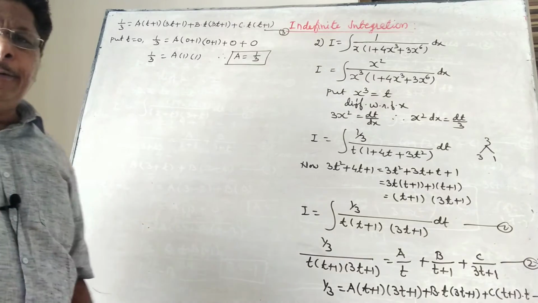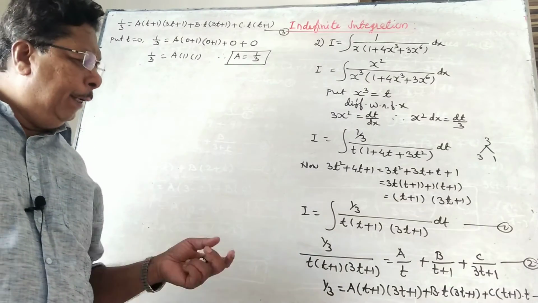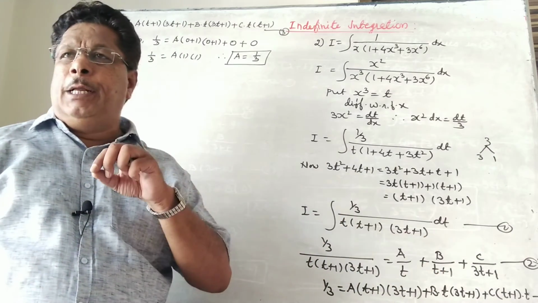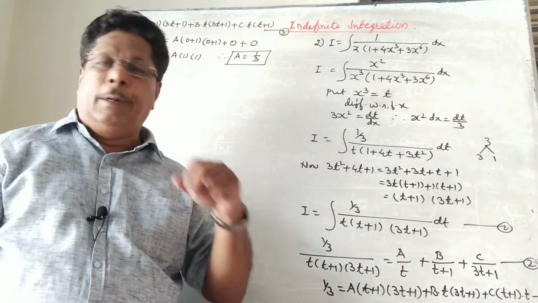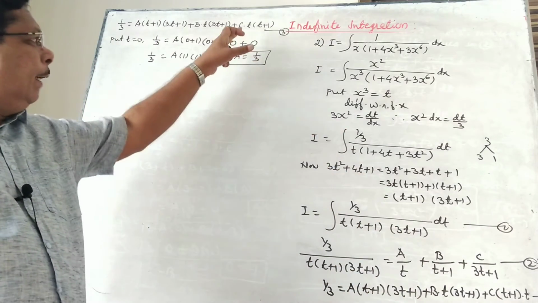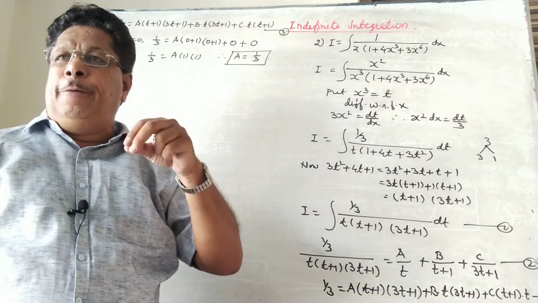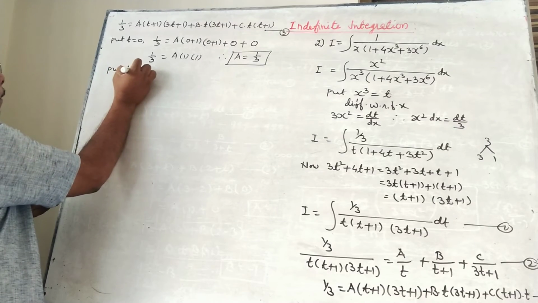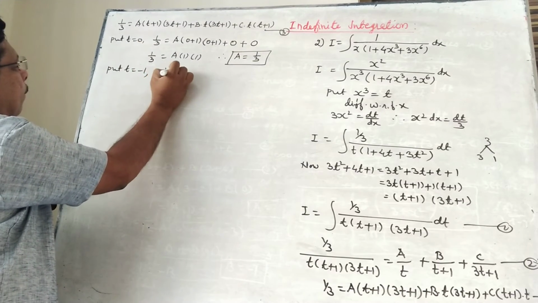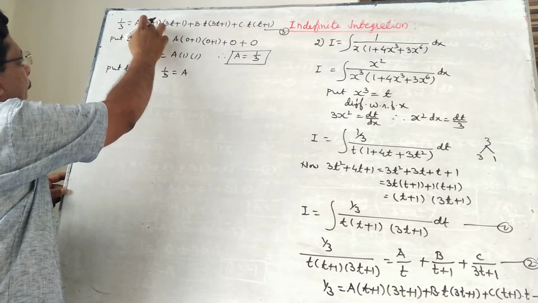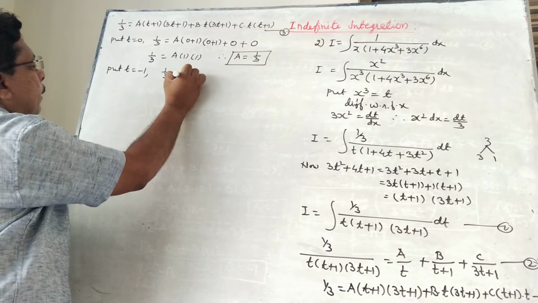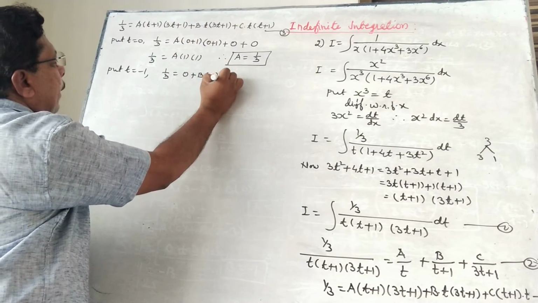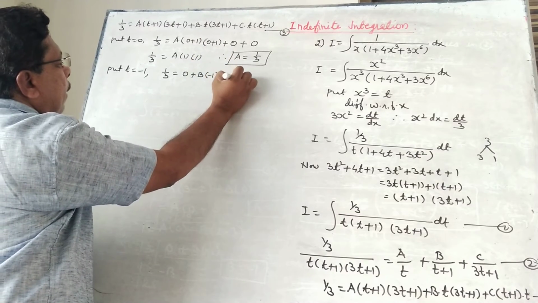In the similar manner, find partial fraction constant b. Observe the denominator of b in equation 2, that is t plus 1. If we take t plus 1 equal to 0, you will get t equal to minus 1. Put t equal to minus 1 in equation 3. So 1 by 3 equals a into minus 1 plus 1, which is 0, so the first term is 0, plus b into 3 into minus 1, minus 3 plus 1.